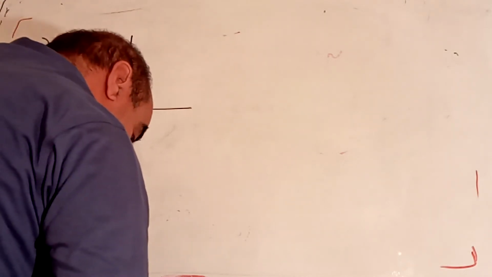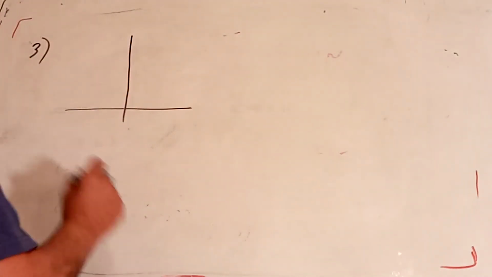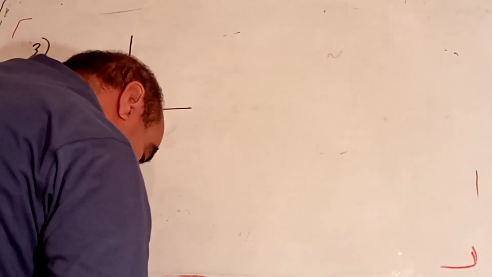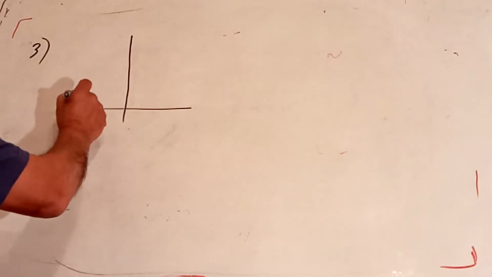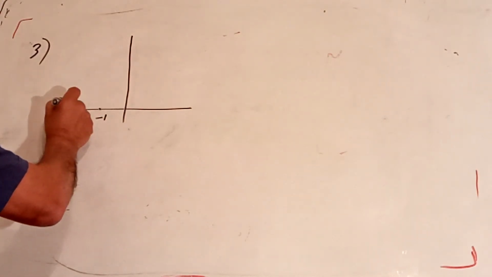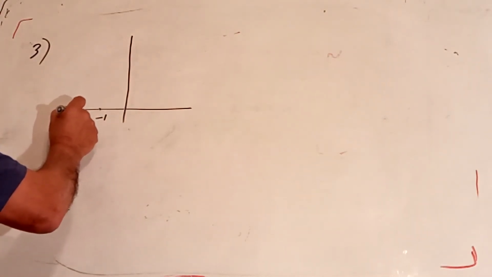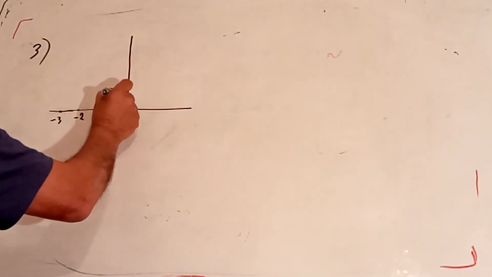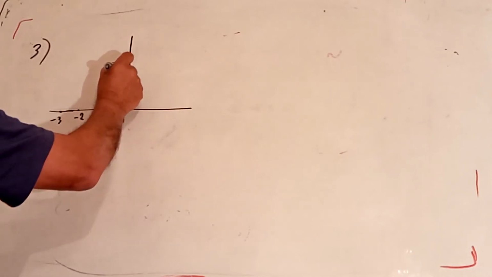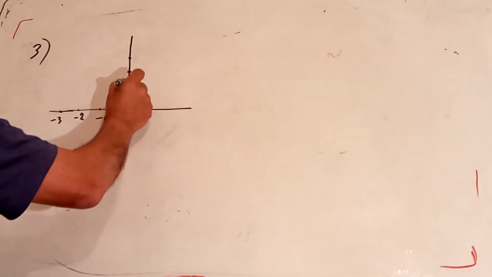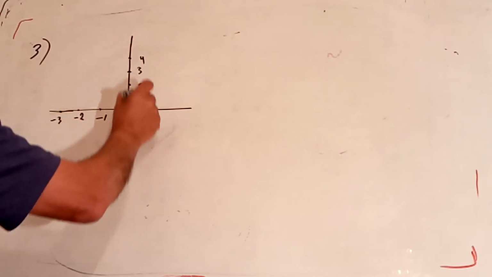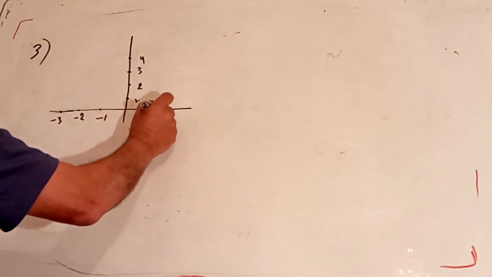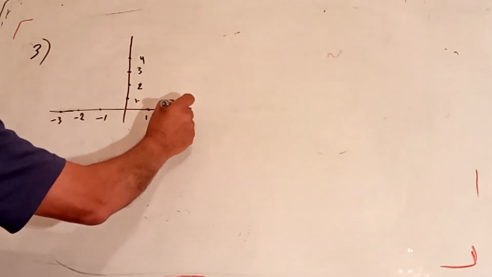We have this point, minus 2. How far did it go here? Minus 1, minus 2, minus 3, and then 1, 2, 3, 4, so minus 3 and 4. It was reflected, so this has to go to 3.